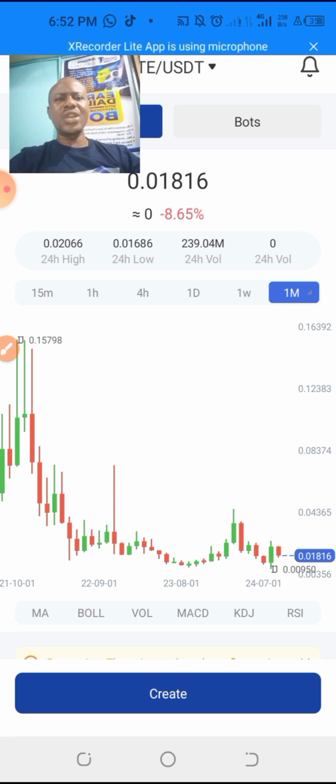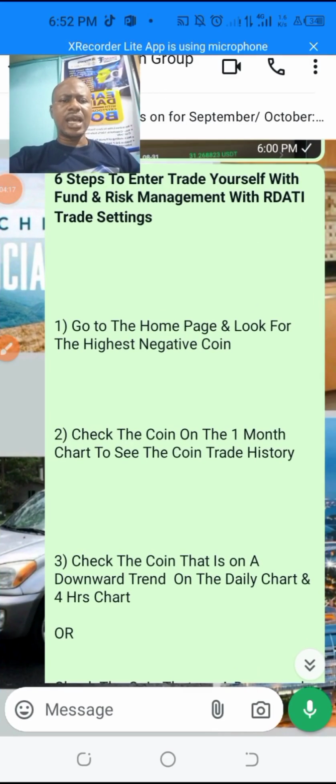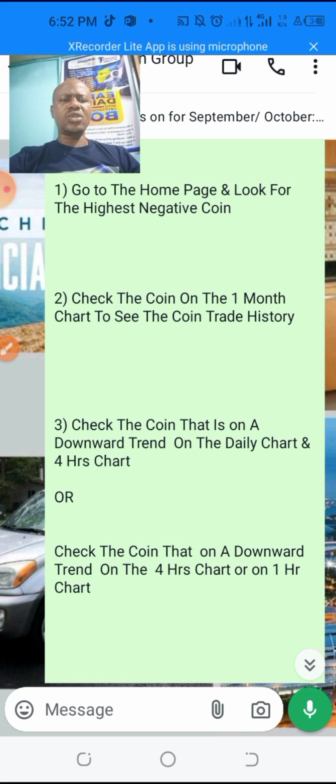that means the coin has enough trade history that I will have confidence it cannot dump more. The coin has enough liquidity. If that criterion is met, then the next thing for me to do is check whether the coin is on a downward trend on the daily chart and on the 4-hour chart.